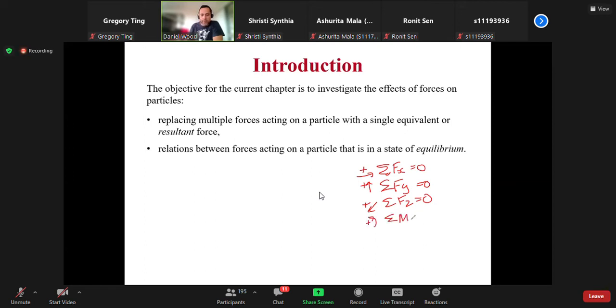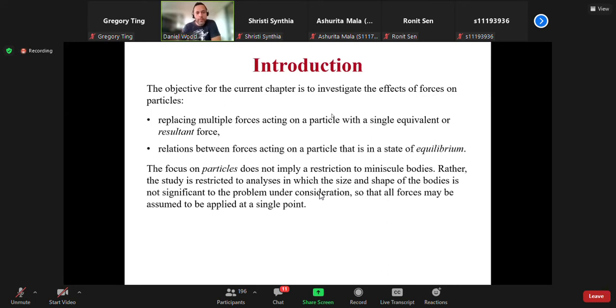The sum of the moments about the x equals 0, the moments about the y equals 0, and the moments about the z equals 0. These are our equilibrium equations, okay? These equations will form the foundation for your mechanics journey, and you're never far from these. Don't forget them. I want you to remember them.